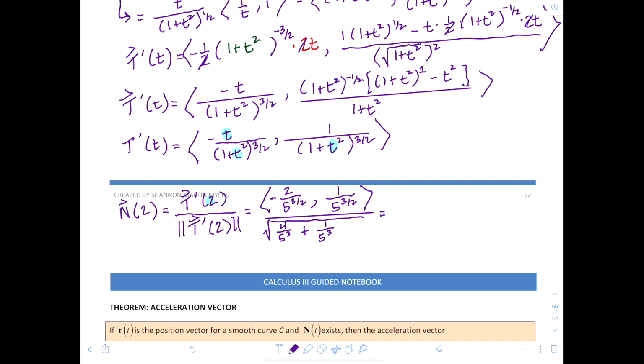So that's going to give us 5 over 5 cubed, which is 1 over 5 squared.